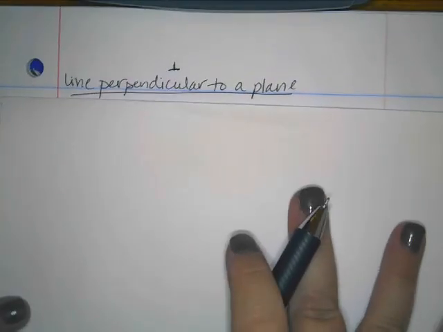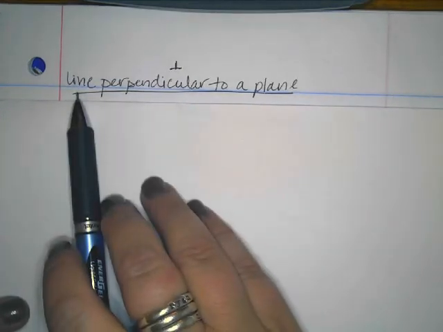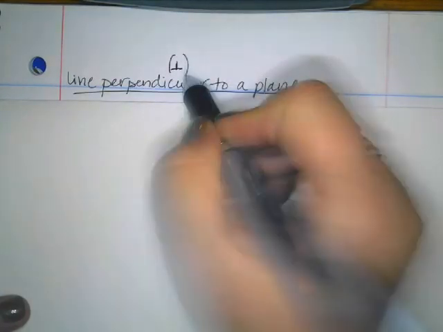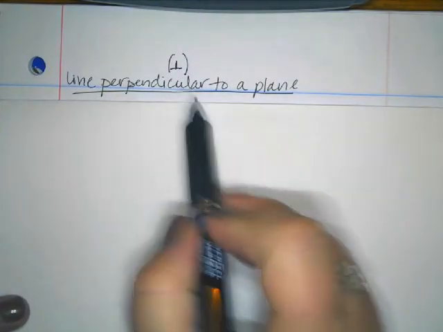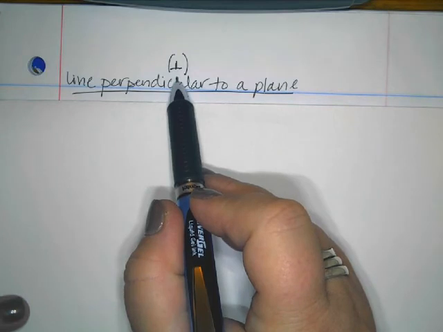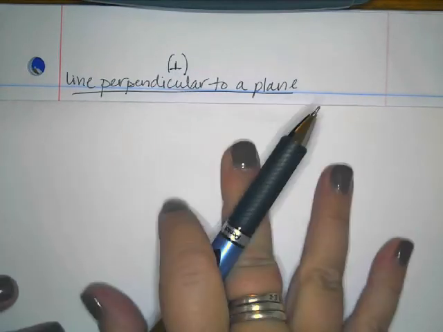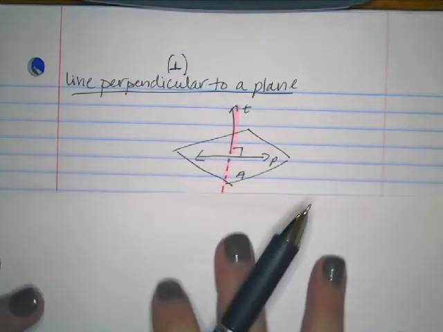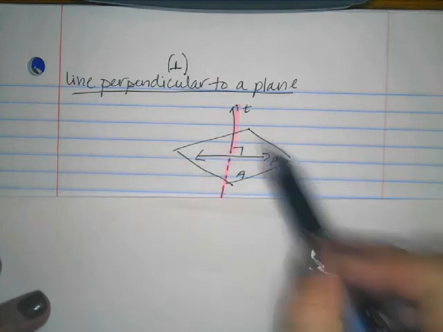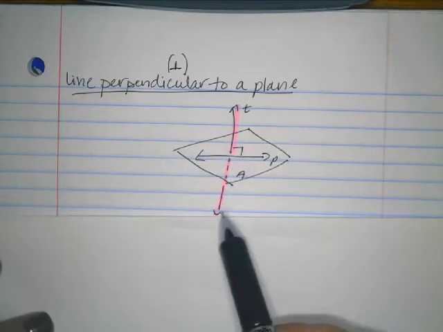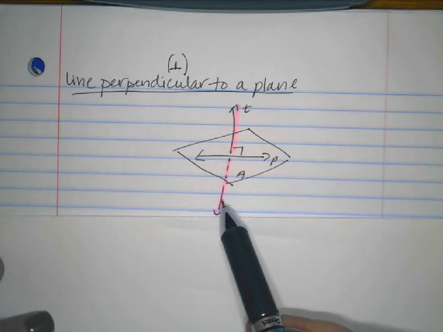The last piece of this lesson that we're going to take a look at in our notes is a line that's perpendicular to a plane. And remember, I wrote that little upside down T to remind you what perpendicular looks like and means, so we don't have to write that word anymore. A plane is like a piece of paper, and a line is like shooting straight out of it.